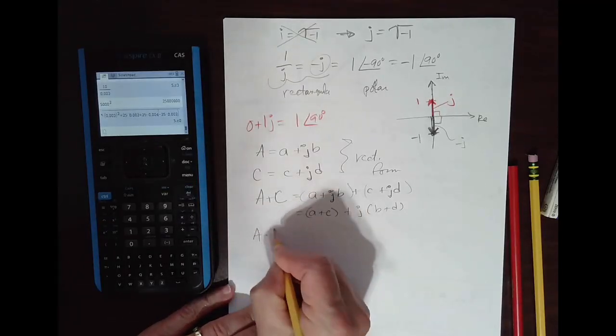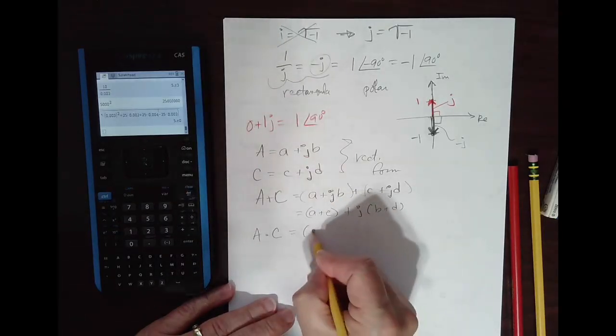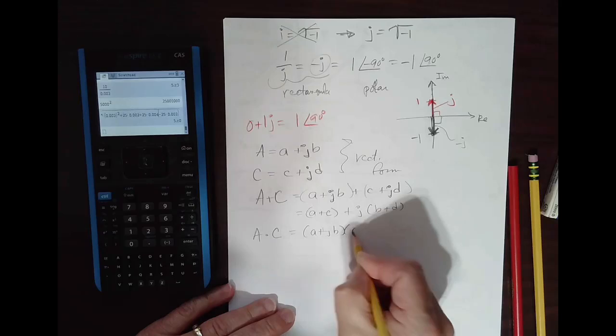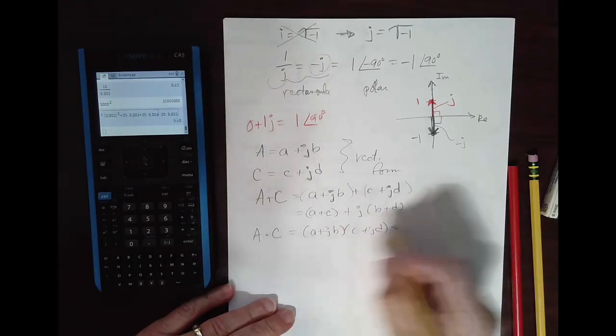What if we wanted to do A times C? Well, we could do it with the FOIL method, right? A plus JB, C plus JD. Multiply it all out.